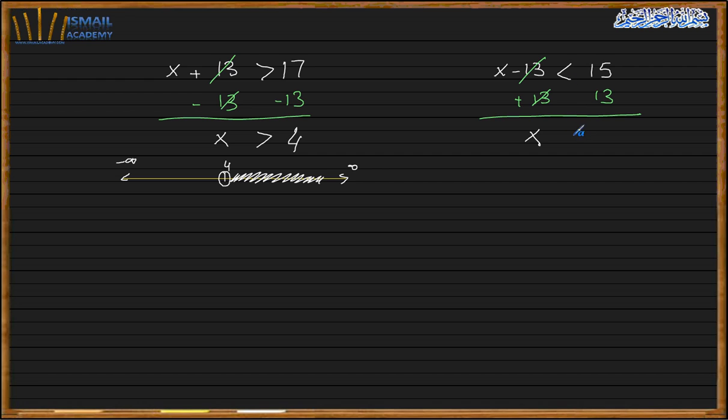Here the sign stays the same, and here is 28. So in my number line, 28 is not included, so it's going to be an open circle. X is less than 28, less is on the left side of that number, so it's going to be here.